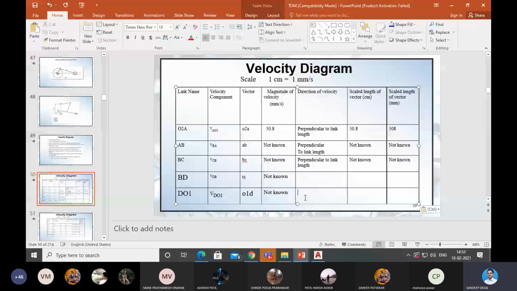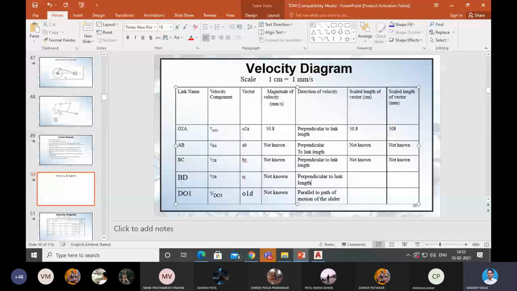Only thing is, for slider or piston, it is parallel to the path of motion of the slider. And for all other links, it is perpendicular to link length.